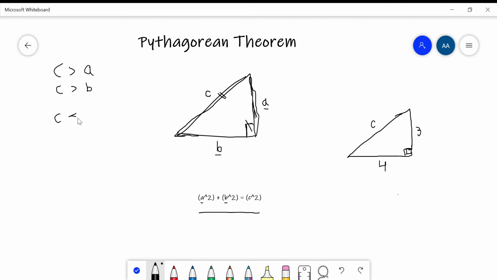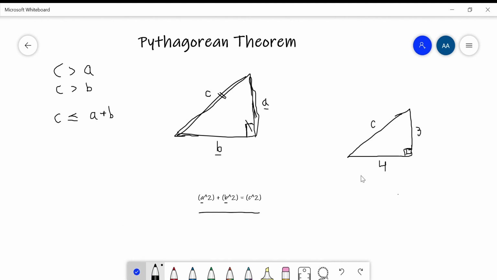That C is less than or equal to A plus B. I say similar in format because this is a squared plus b squared equals c squared, while this is a plus b is greater than or equal to c. That means if you add up the lengths for a and b, it has to be greater than or equal to the length of c.